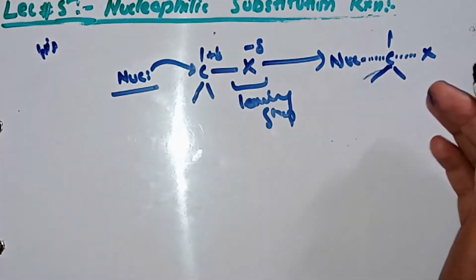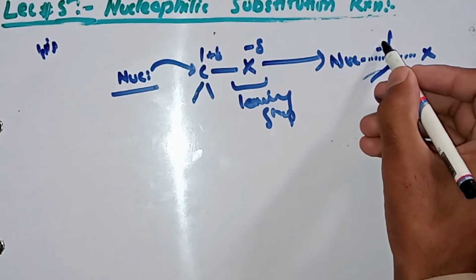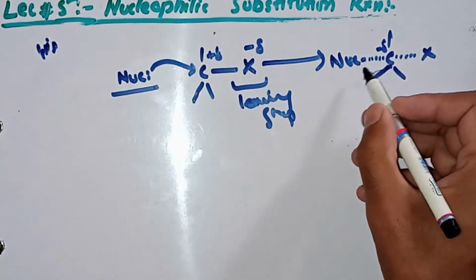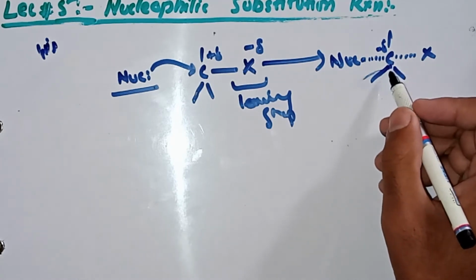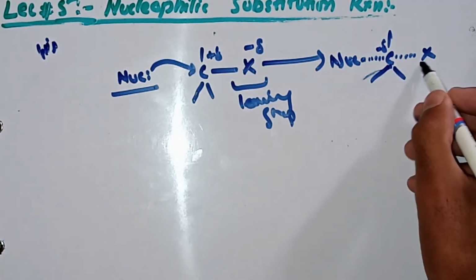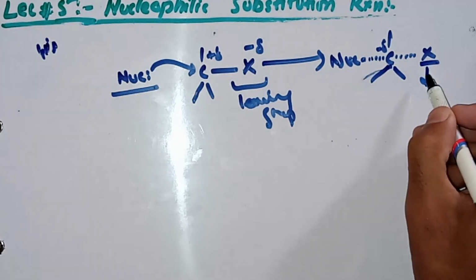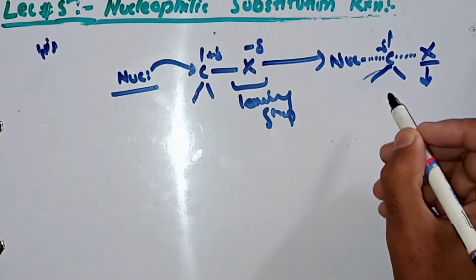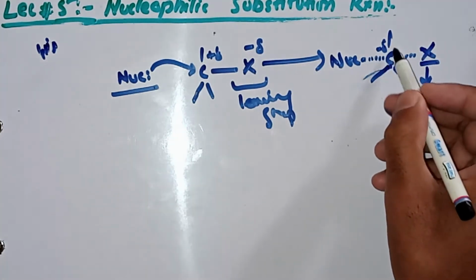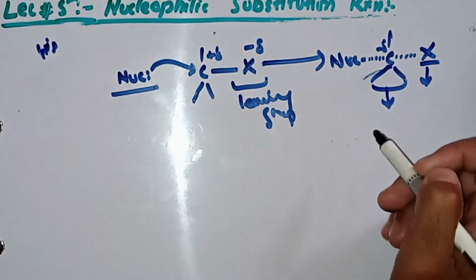Due to this donation, the carbon becomes partially negative. So if the leaving group is a good leaving group, if it is a strong electron withdrawing group, it will stabilize this negative charge on the electrophilic carbon.